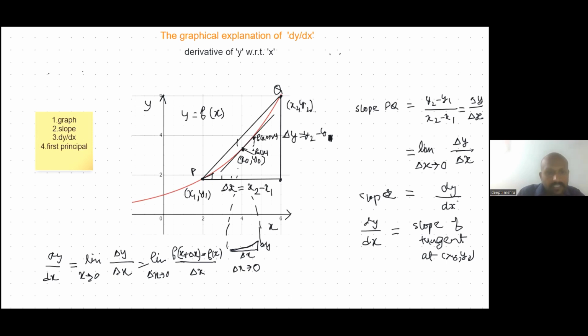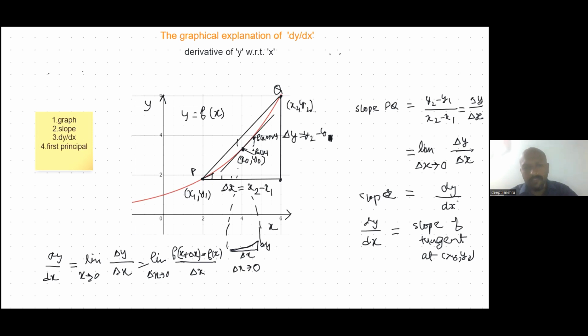So this change gives me delta y over delta x. This is the first principle of the derivative. So dy by dx, which is the rate of change of the function y with respect to x at a given point, is equal to the limit as delta x tends to 0 of the small change in the value of the function, f(x plus delta x) minus f(x), over the change in the interval delta x.